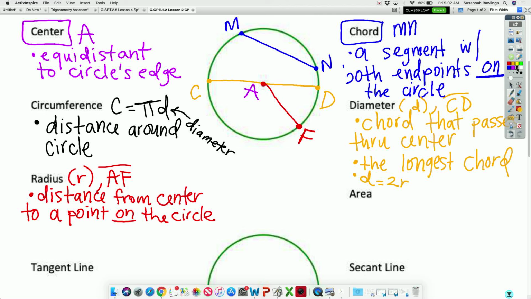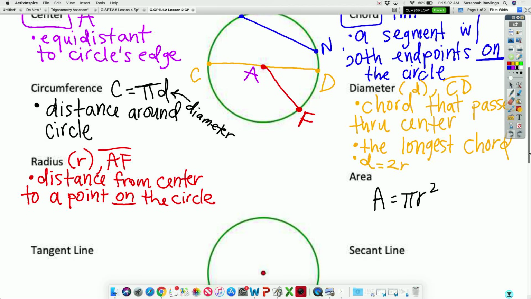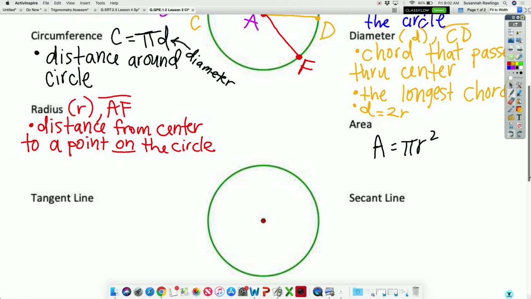Pi, do you remember the rest? Good, pi r squared. That one, to me, I don't know why, but it's easy to remember. Pi r squared. Just rolls off the tongue. Okay, and then the r stands for radius there. So we're not going to do a definition or a picture, just make sure you know the area of a circle.